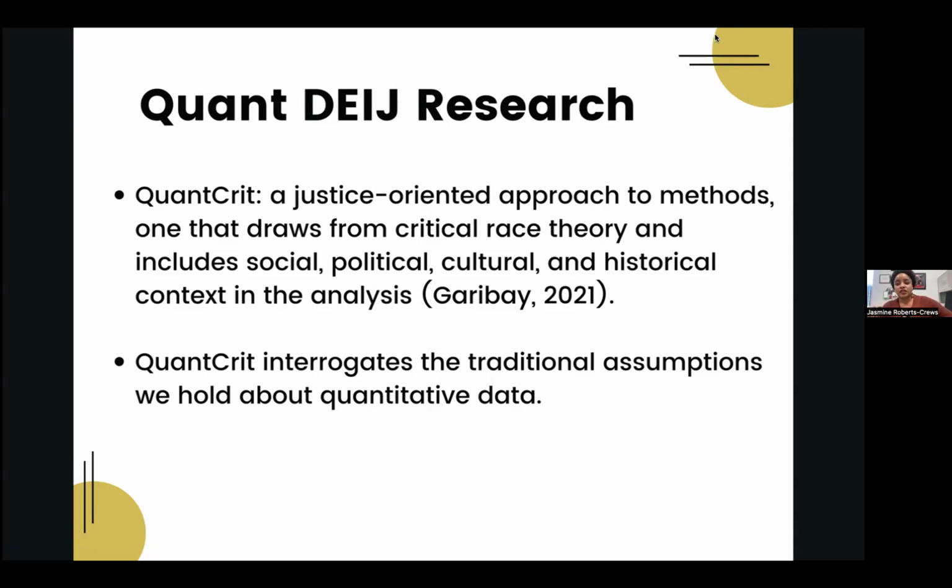Essentially, if you're using a QuantCrit perspective, you're centering a social justice approach while still using your quantitative approach to methods and methodology, to really investigate how larger social, political, economic, and historical patterns inform your analysis. QuantCrit draws from critical race theory, as I put up here in this definition from Garbe.